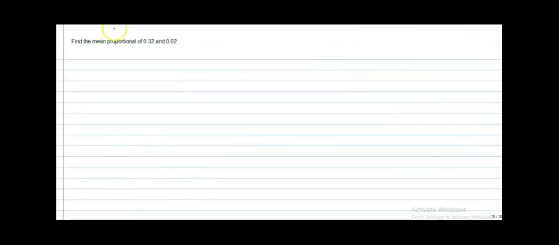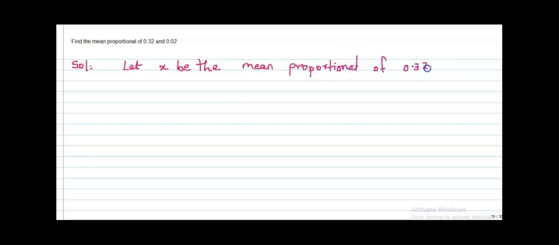Find the mean proportional of 0.32 and 0.02. Let x be the mean proportional of 0.32 and 0.02.